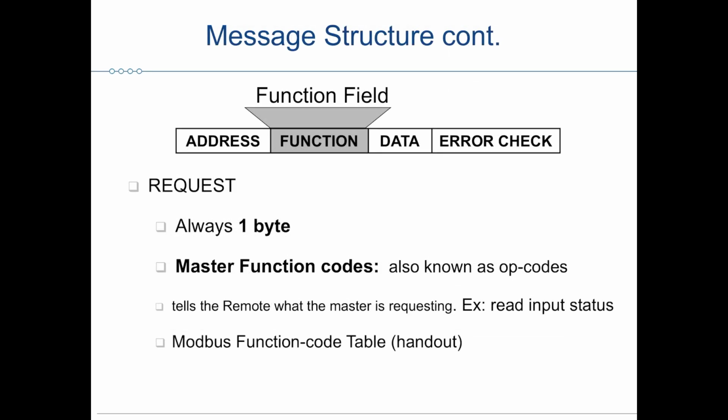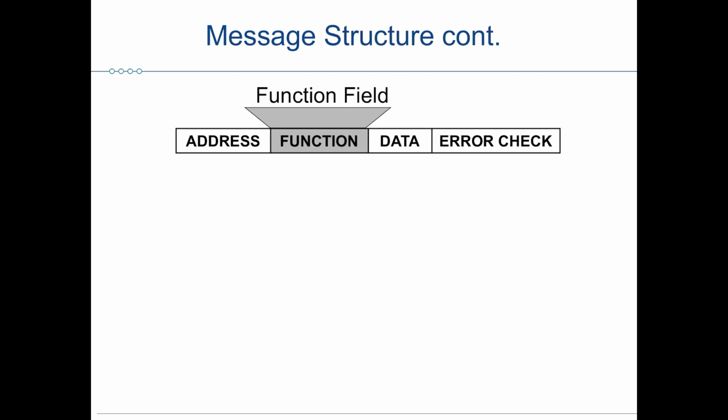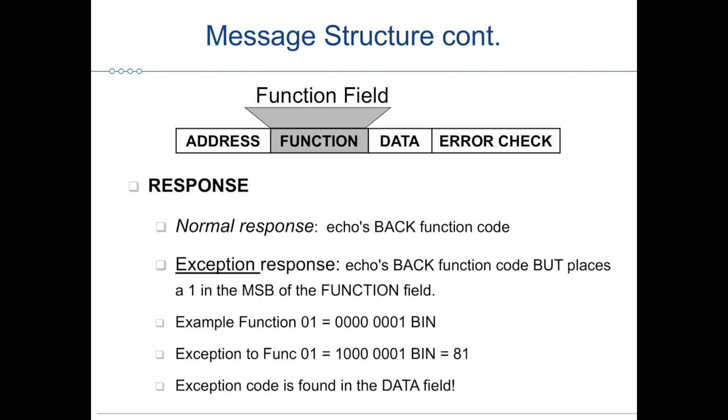Okay, so we looked at the Modbus handout and saw the function codes and operation codes that were used to either read or write a specific data type being sent out as a request. So now if we look at the response, we're talking about the response for the function field. And if we're talking about a normal response, that's one we would see in the usual case.